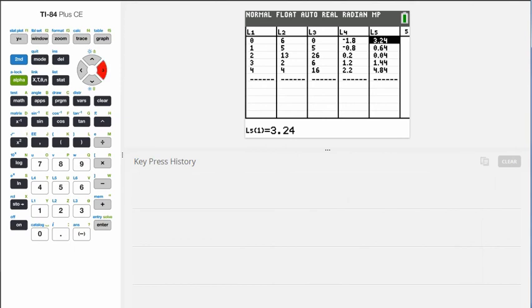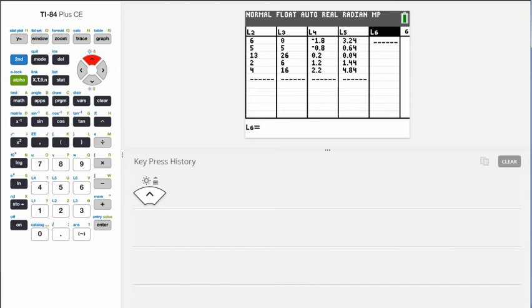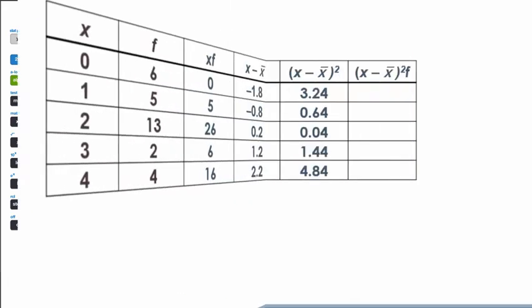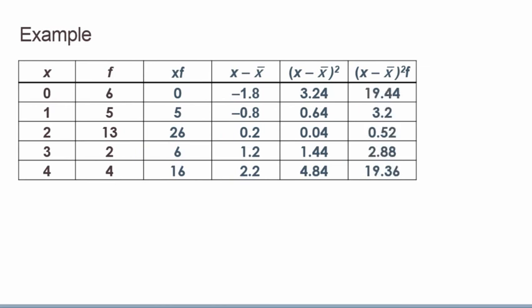Now that we're at our calculator, we want to arrow up to L6. I want to multiply L2, so second 2, times L5, second 5, enter. And now I have X minus the mean, parentheses squared, times the frequency. In my table, I add that information.